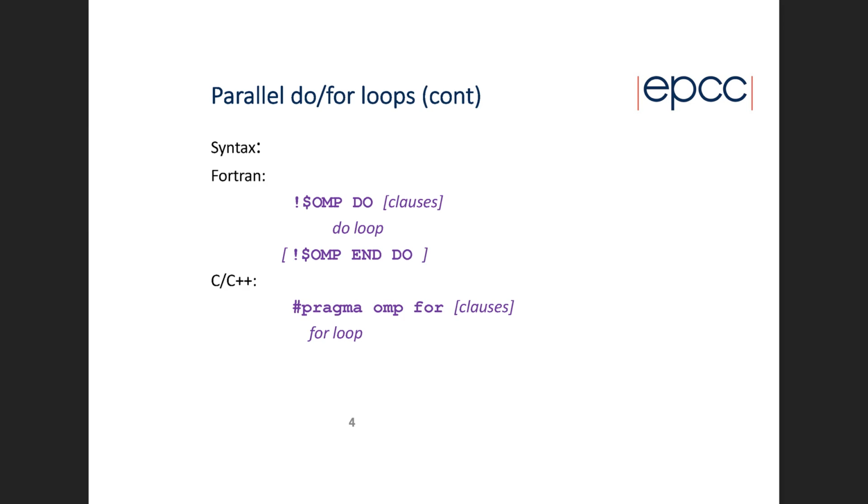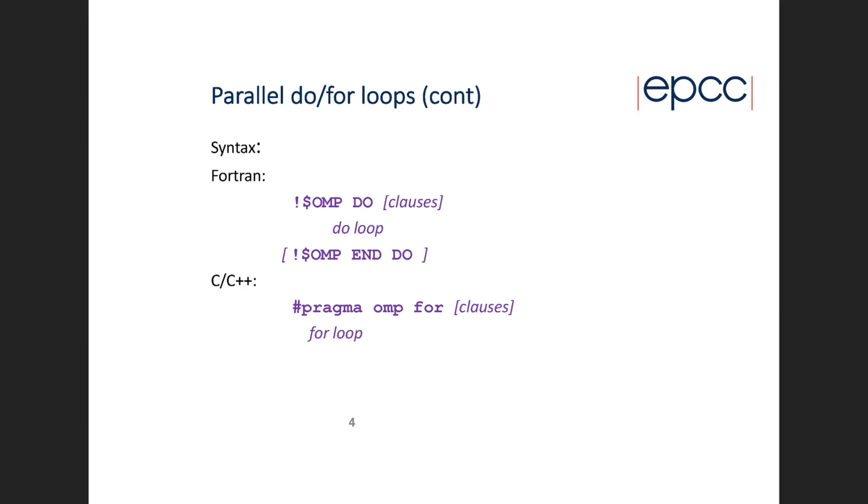Okay, so the syntax looks like this. For Fortran, it's $OMP do, followed immediately by the do loop. And then the end do directive is actually optional.